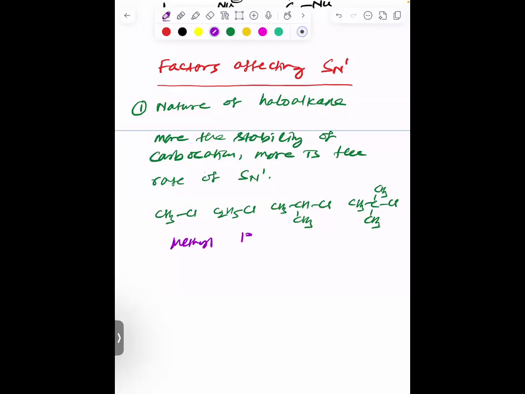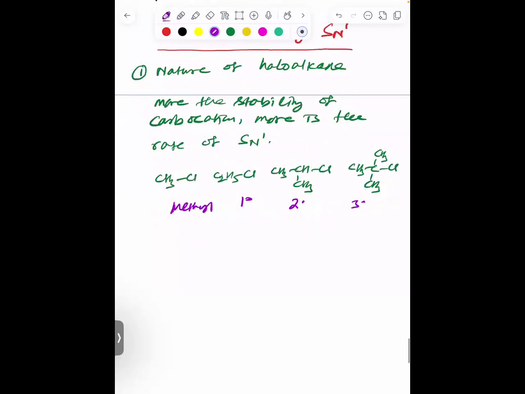So what is the order of reactivity? 3 degree is greater than 2 degree, greater than 1 degree, greater than methyl. Why? Because the tertiary carbocation is more stable, then secondary, then primary. So this is the first factor.